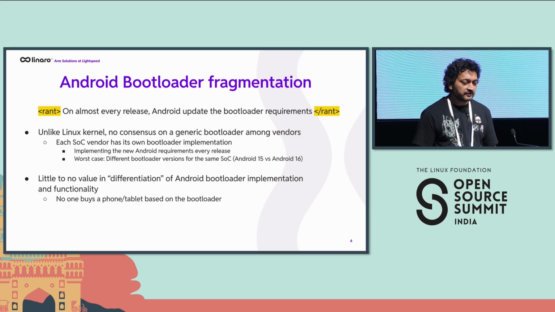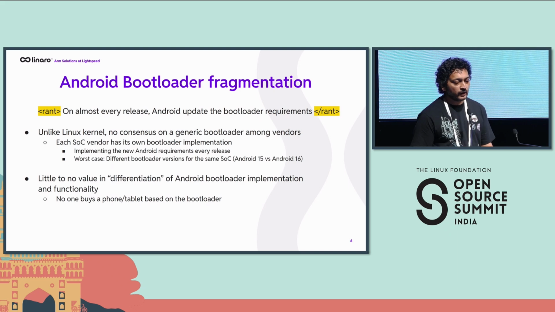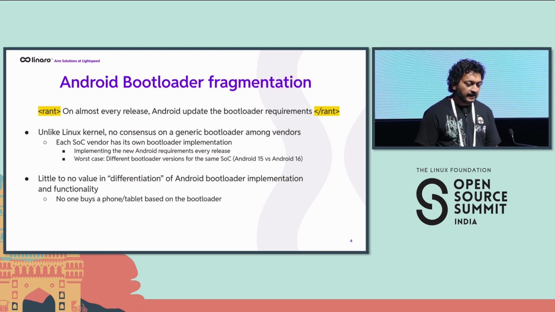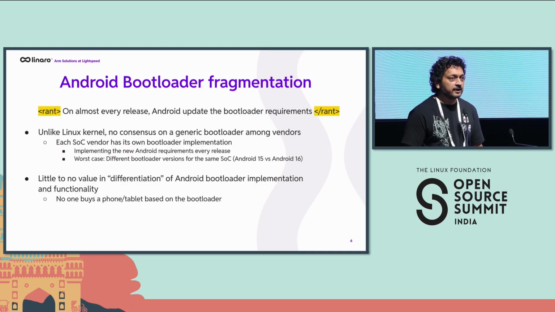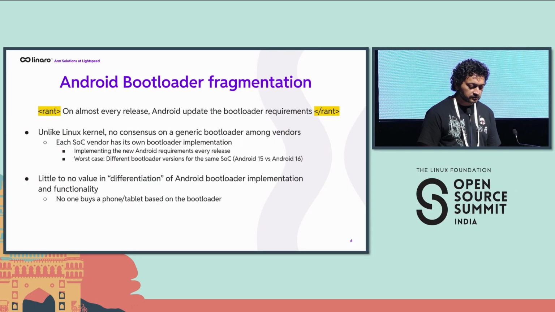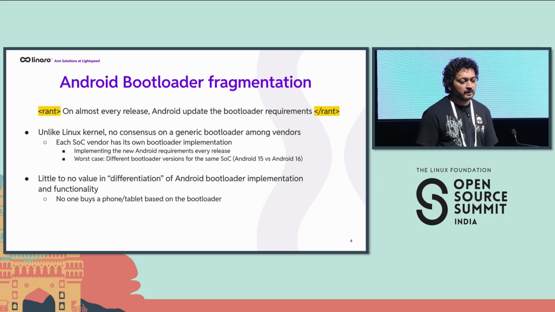On almost every release, Android updates the bootloader requirements. And unlike the Linux kernel, there is no agreement or consensus on a common bootloader among Android vendors. So each vendor ends up implementing Android bootloader features in their respective bootloader and keeps forking it for every new release or new platform.